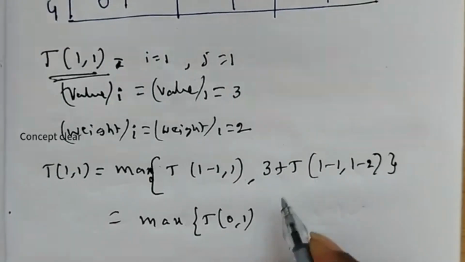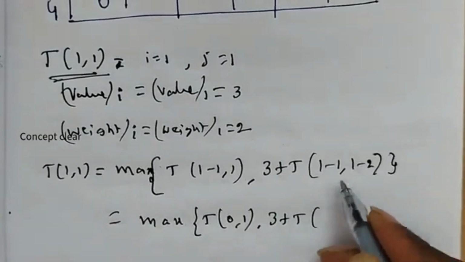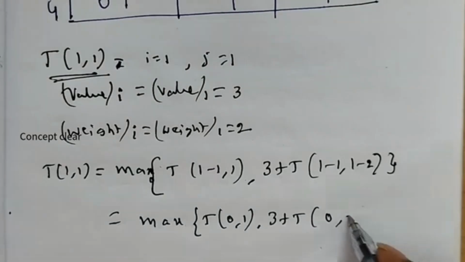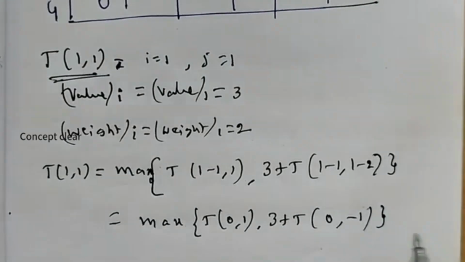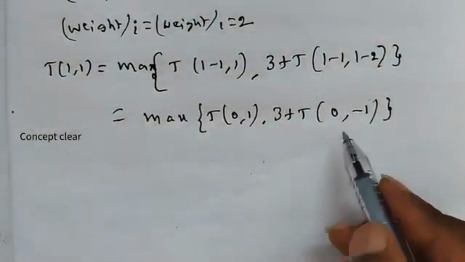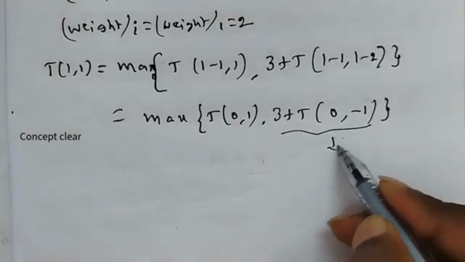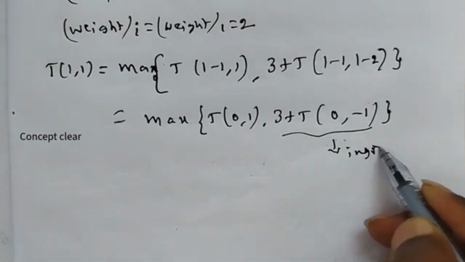Then here 3 plus T of 0 comma minus 1. If you get negative values anywhere, we have to ignore that weight. Ignore this part.